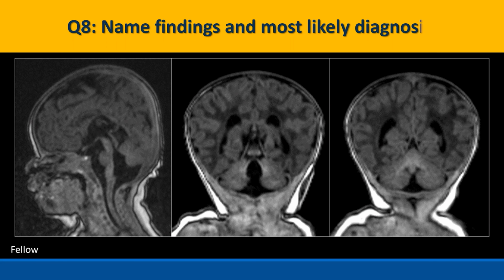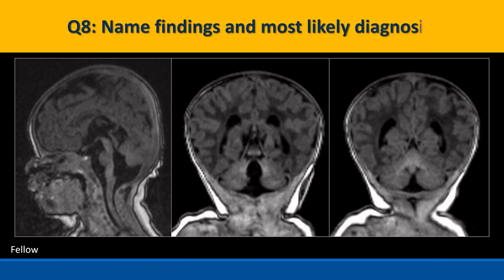So let's see. We've got sagittal T1 and two coronal T1s through the posterior fossa. It looks like we have a small pons and midbrain, and we're almost missing the vermis.